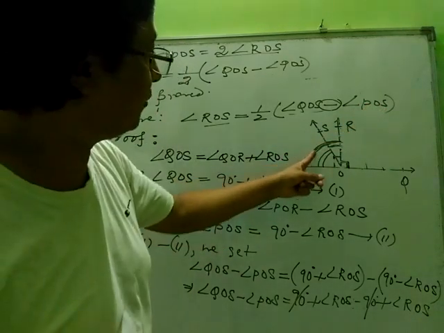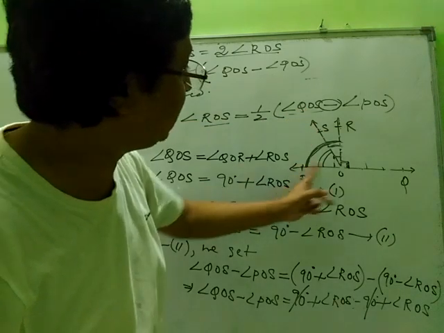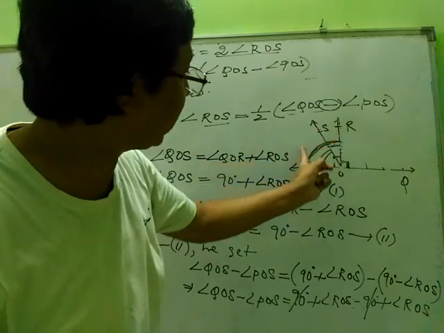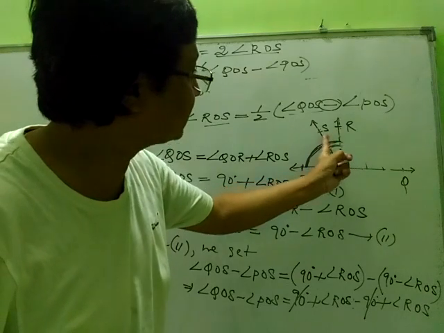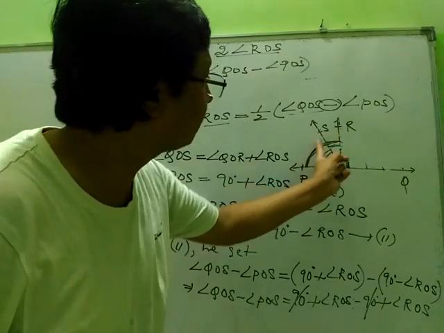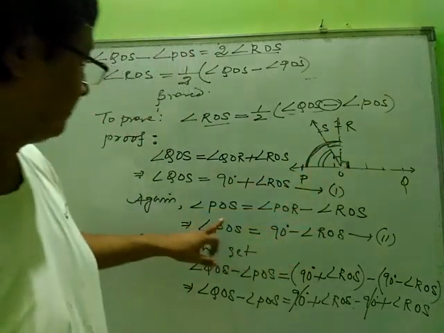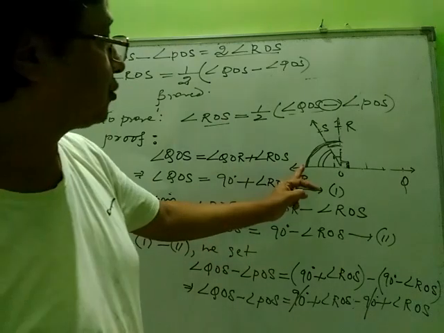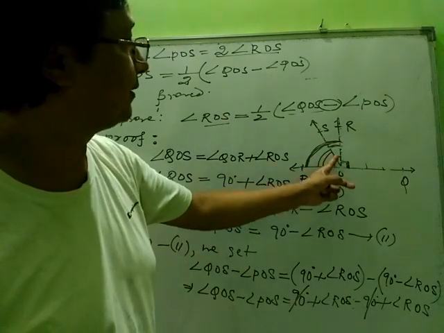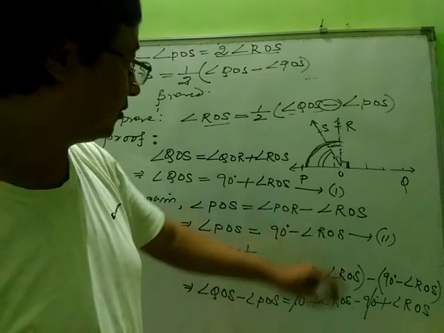Next you take POS. To get this POS, only with this part, how to get POS? From this angle POR minus this angle. From this whole angle till R, deduct ROS, you will get POS. POR is 90 degrees, perpendicular.